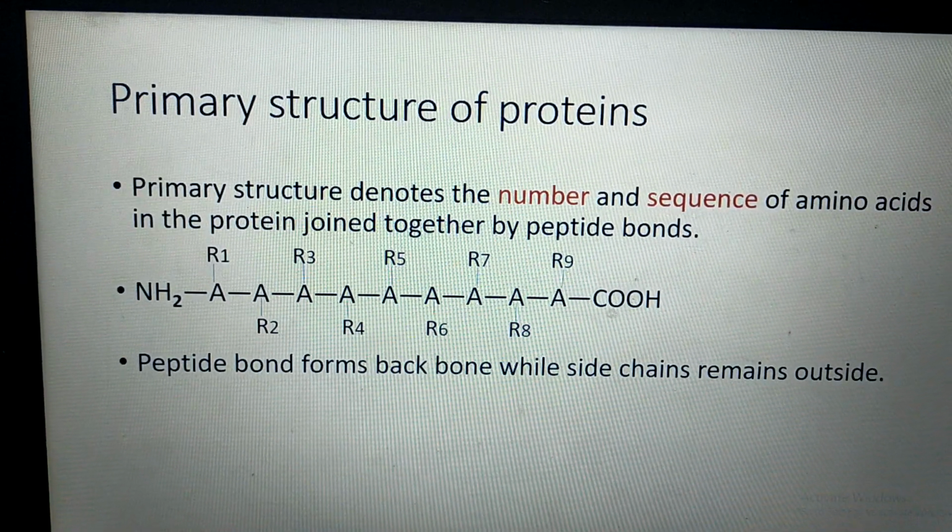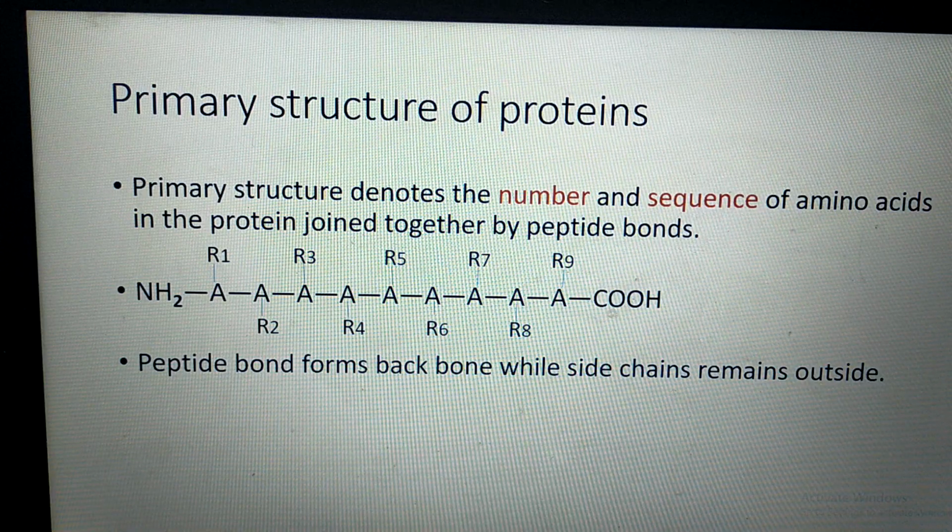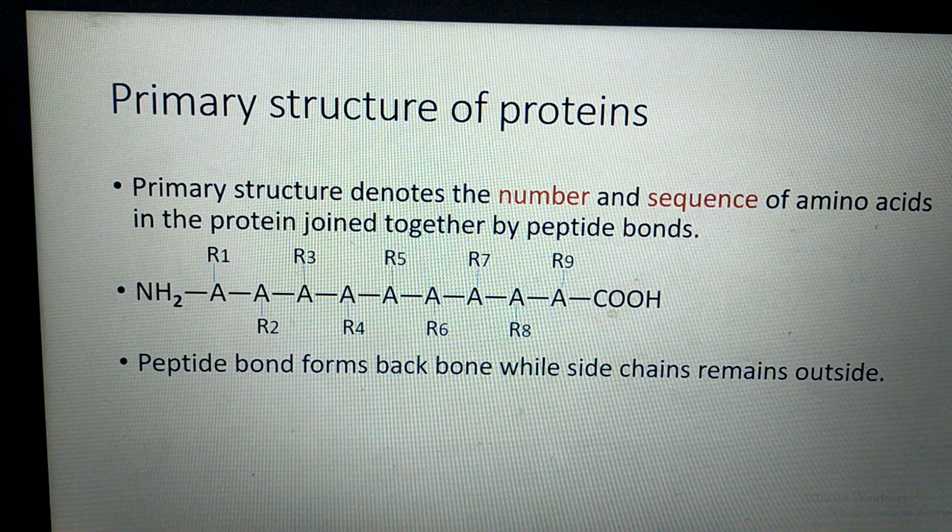After completing the forces, we will start with the structure of proteins. Whenever there is a question on structure of protein, you have to describe these bonds. So first structure of protein is primary structure of protein. Primary structure denotes the number and sequence of amino acids in a protein joined together by peptide bond.